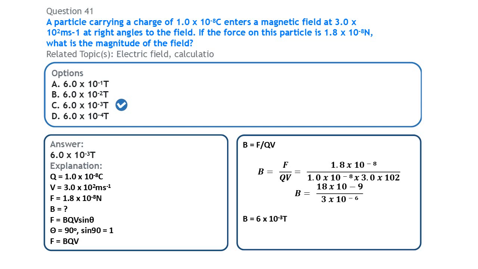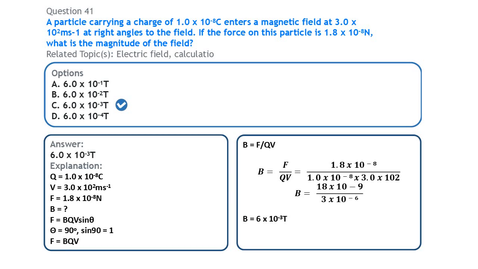So we are going to have F over QV is equal to B. Okay, so B is equal to F, the force, which we are given in the question as 1.8 times 10 raised to power minus 8 Newton, divided by the charge, which is 1.0 times 10 raised to power minus 8, multiplied by the velocity, which is 3.0 times 10 raised to power 2.